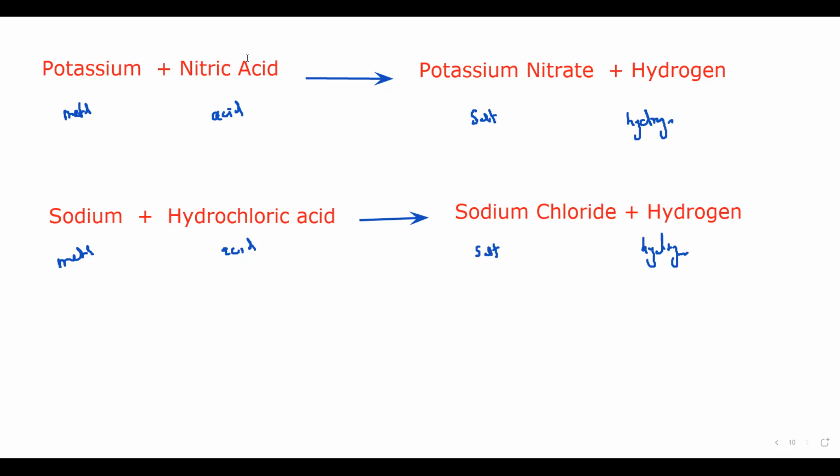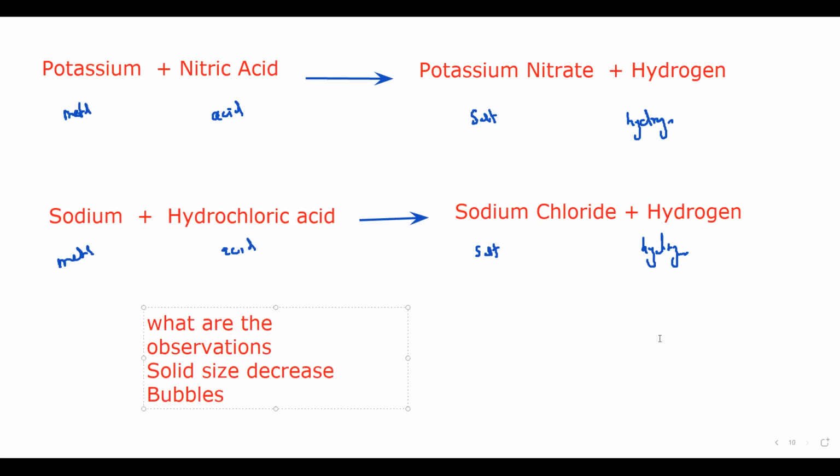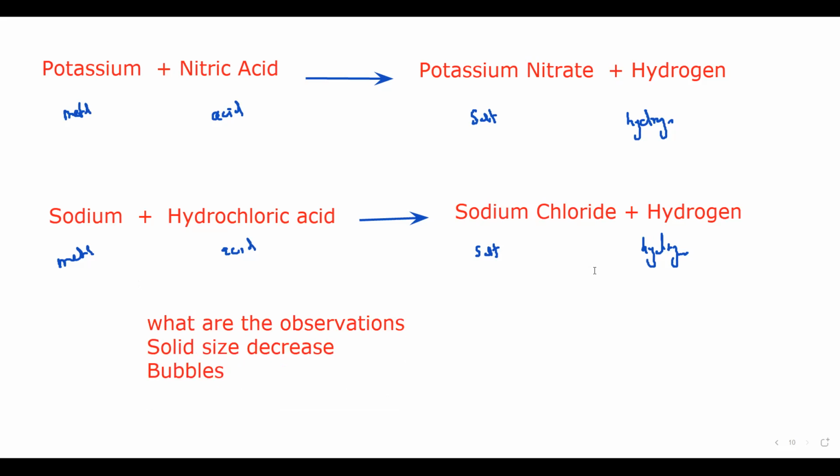And what are the observations? So what we'll see when this reaction occurs, any kind of metal reacting with acid, if there is a reaction, we'll see the solid size decreases, that is the metal. And we'll see bubbles. In observation, you don't say bubbles of hydrogen, you just mention what you observe or what you see.